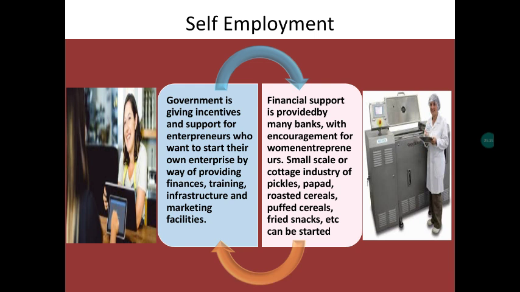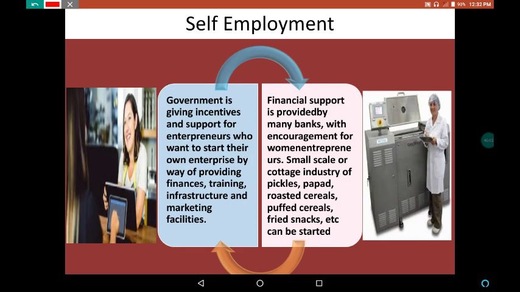If you want self-employment, if you want to be an entrepreneur in food processing and technology, then the government gives incentives and support for entrepreneurs who want to start their own enterprises by way of providing finance, training, infrastructure, and marketing facilities.